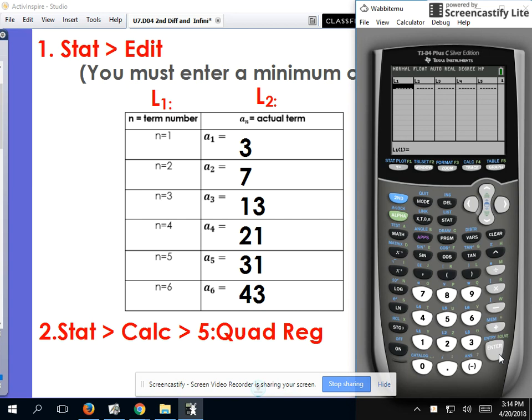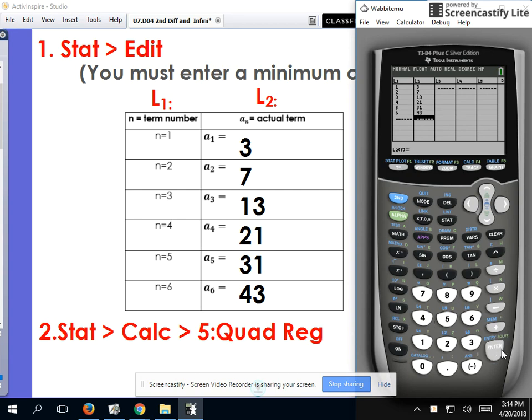For L1 we put 1, 2, 3, 4, 5, 6, because I have six values given for this sequence. Now let's plug in our actual sequence, the actual terms: 3, 7, 13, 21, 31, and 43.